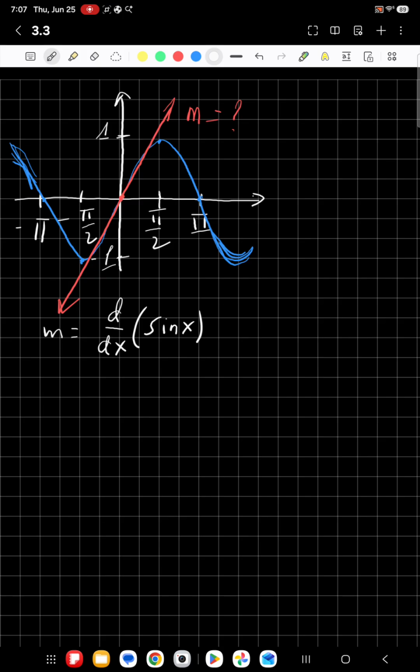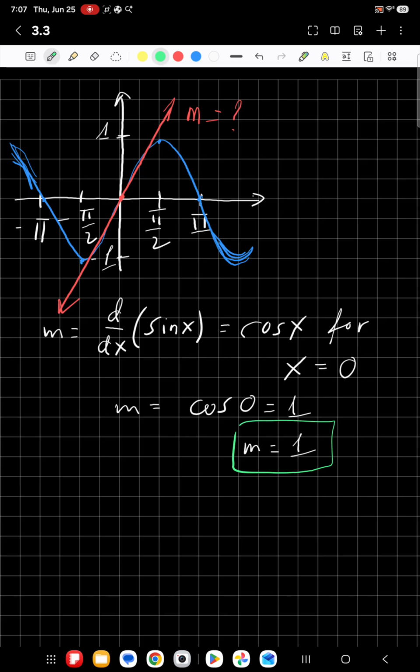The derivative of sine of x is cosine x. Now we need to figure out what the value of cosine of 0 is. So I'm already writing the answer. So x is 0, so we do cosine of 0, and that is 1. Okay, so the slope is 1. Yeah, so the slope of that line at that particular point, at 0, 0, is 1.